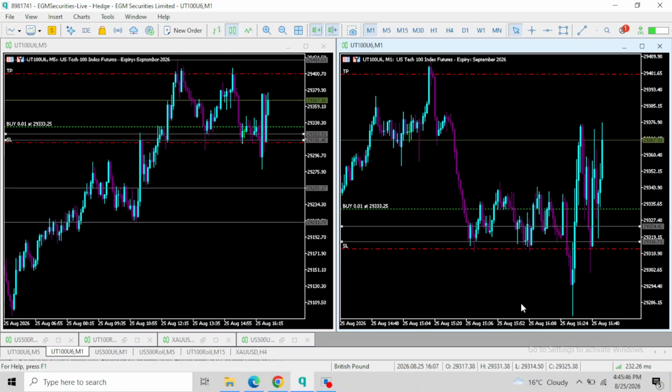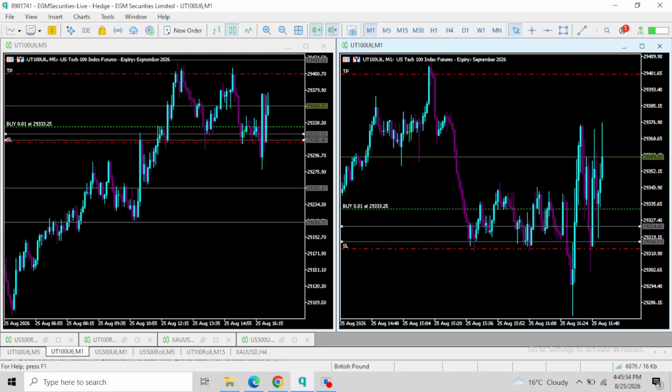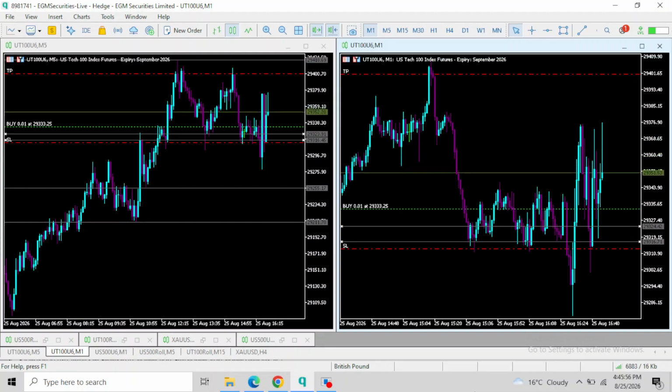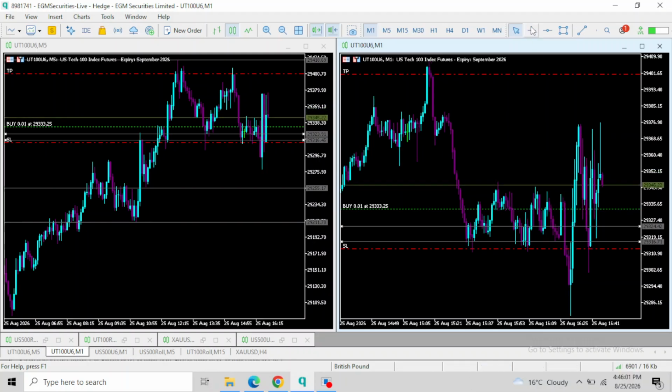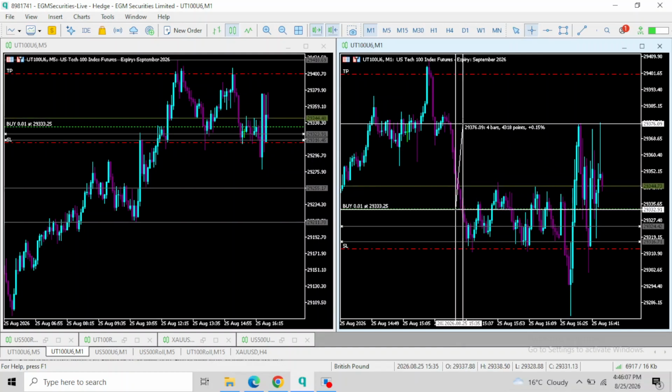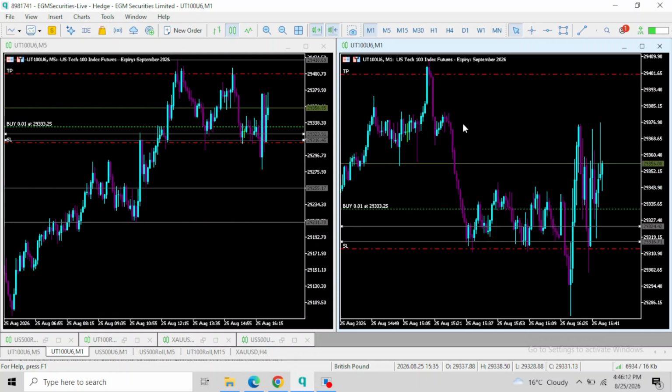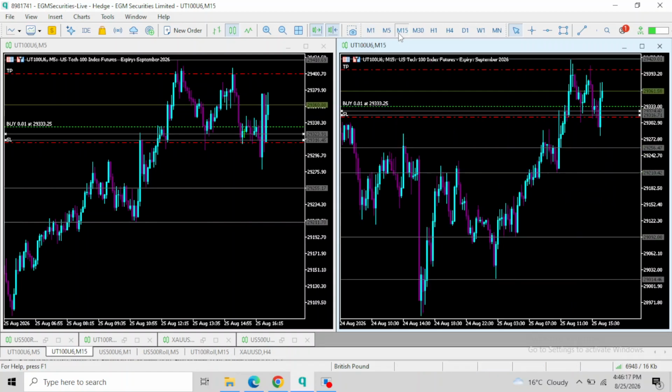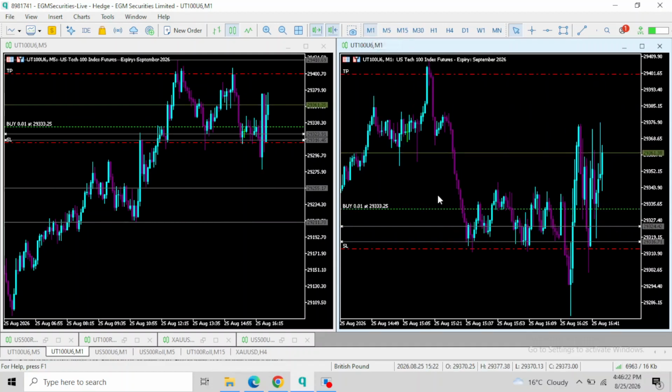For now, let us manage our stops. I don't like that close. So the 15 minute has closed bullish, which is good.